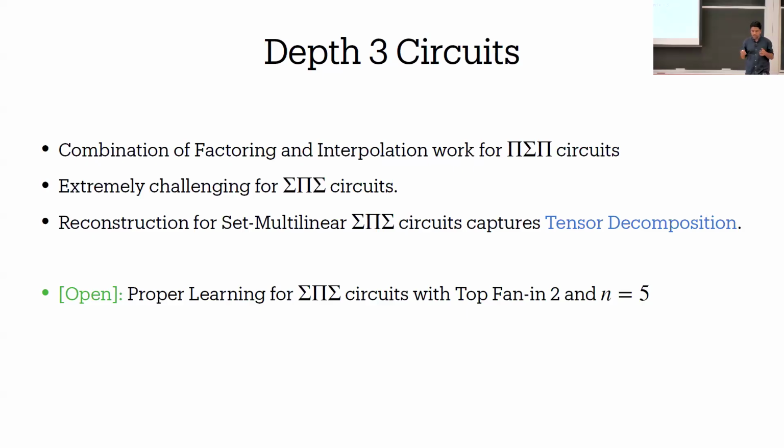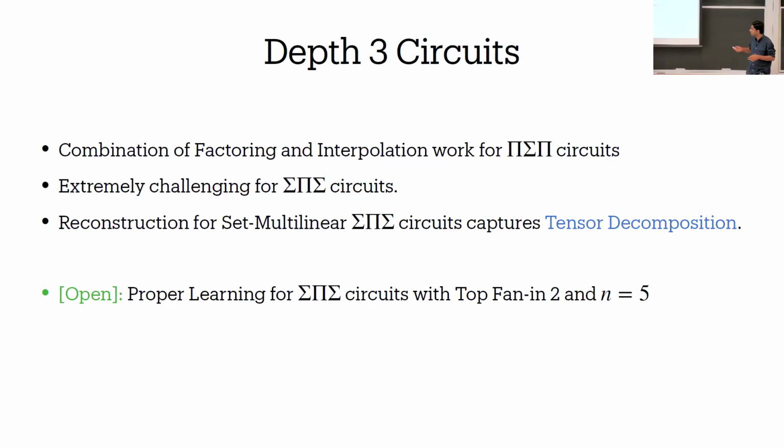And not just general sigma pi sigma circuits. If you look at reconstruction for a restriction, set multilinear circuits, it captures an NP-hard problem, tensor decomposition. And the problem is interesting enough that I can give you an open problem on the earliest slide. We don't know how to do proper learning for just sigma pi sigma circuits with top fan in 2.